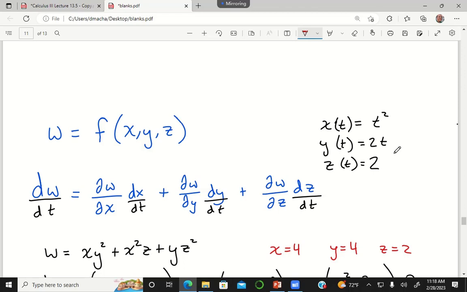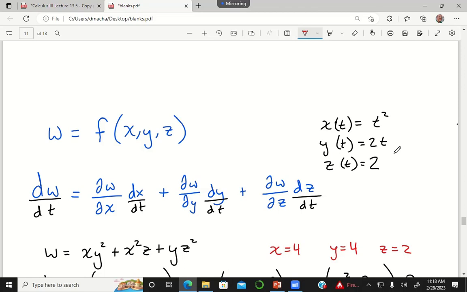You could replace all of the x's with t squared, all of the y's with 2t, all the z's with 2, and you would actually get exactly the same answer. So this chain rule for multivariable functions is not incredibly useful.